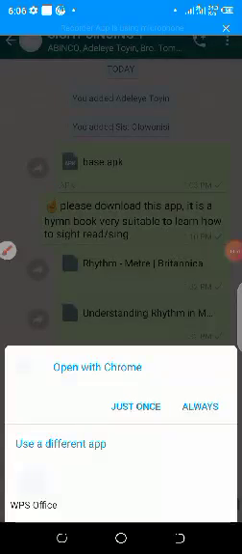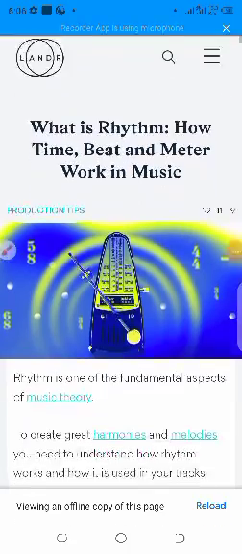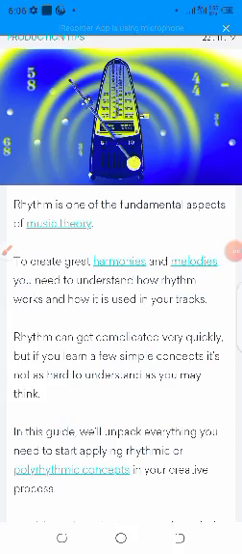Now I click on the third material. So it's loading. Good. What is rhythm? How time, beat, and meter work in music. You need to understand that very well. Rhythm is one of the fundamental aspects of music theory.